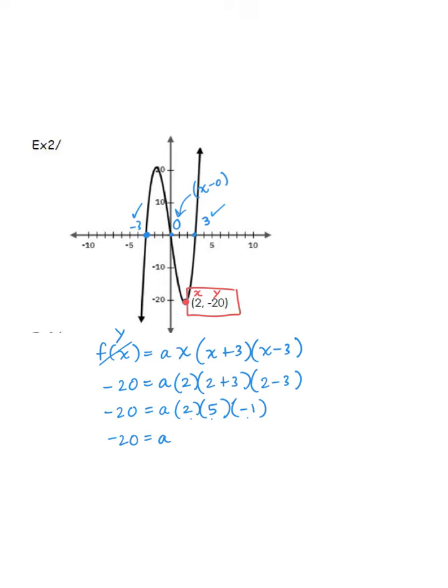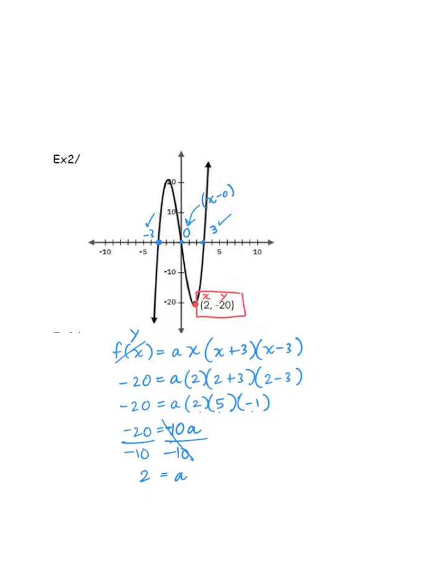I'm actually going to erase my a and write it this way, -10a, right? And then to solve, I divide by -10, and I get a equals -20 divided by -10 is 2. Don't forget to write your final answer.